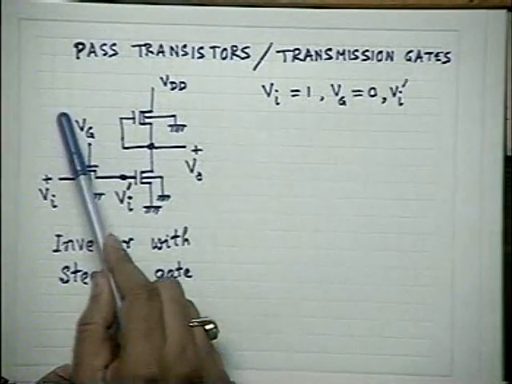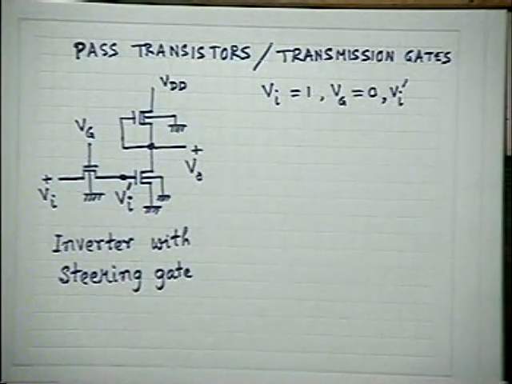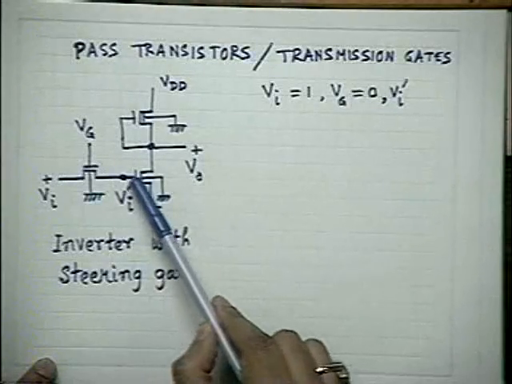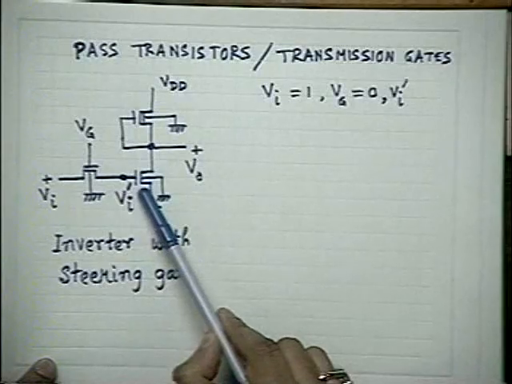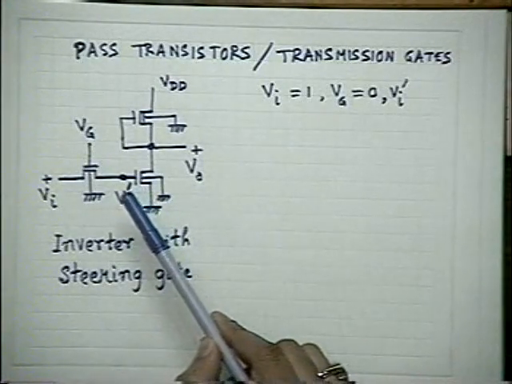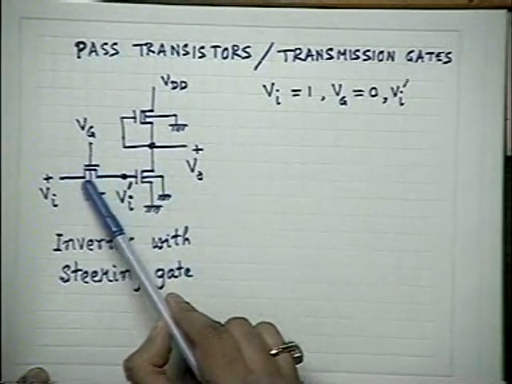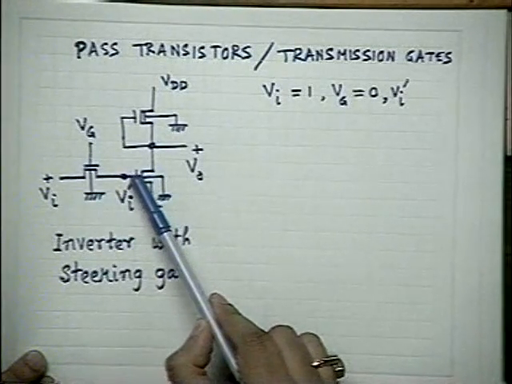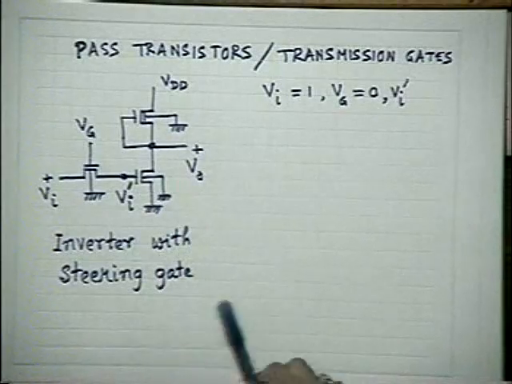That means if the Vg is applied in the form of a clock pulse of relatively higher clock frequency, then what will happen? Because this is a MOSFET, this input capacitance is a very low loss capacitance, actually an ideal capacitance. And when this transistor is off, whatever charge was stored earlier will be retained for some time.